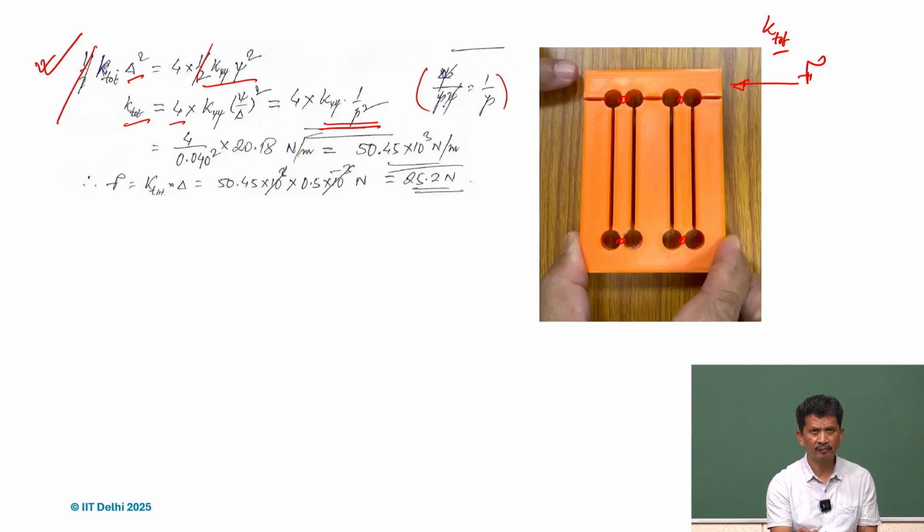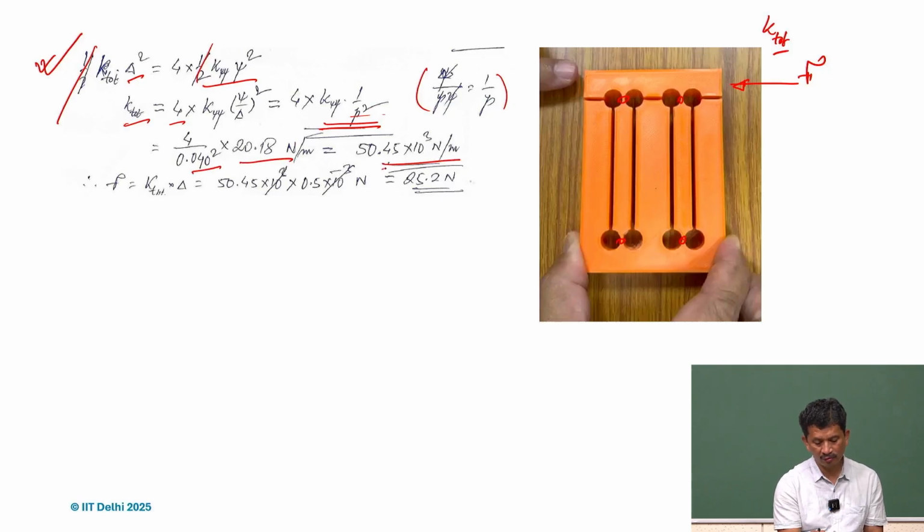So psi divided by P, psi gets cancelled. So we are left with 1 by P. So it's a P square. I'm not cancelling 4, I'm just keeping it, and then this is what you have. So once we put the value for P, this is what we have, K psi, right?